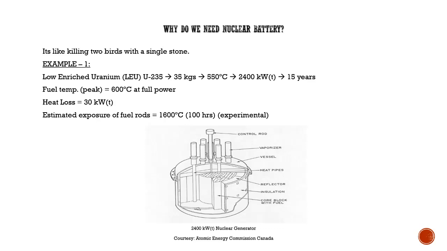Unlike other batteries, which are too delicate or too fragile in harsh conditions, nuclear batteries can survive harsh conditions. That's why nuclear batteries or nuclear generators are used for space programs. That's why NASA uses nuclear generators in the rovers or the robots they send to other planets like Mars or the Moon.